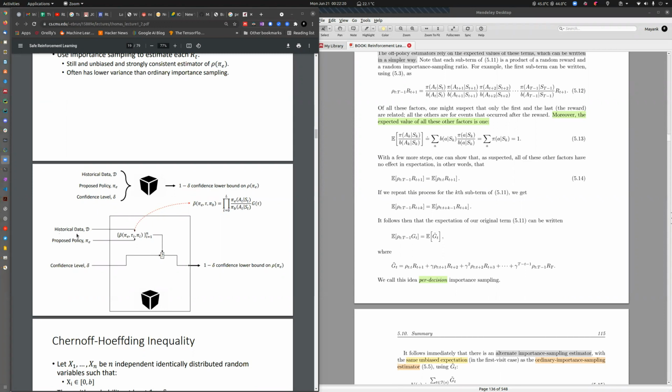So historical data, the proposed policy, the confidence levels. These are the confidence bounds. So I was thinking of how this is lower, since if we do not have a confidence bound there, you can see these are the state spaces that we can choose from.